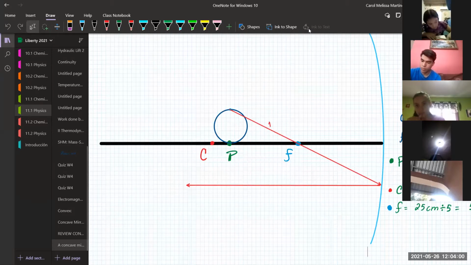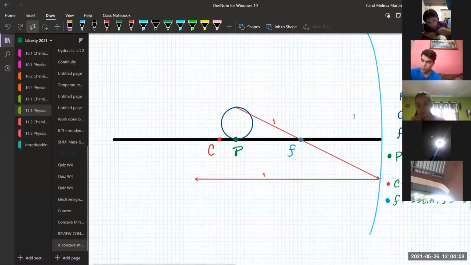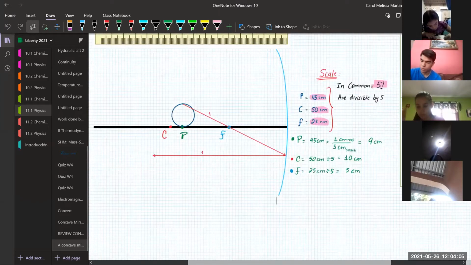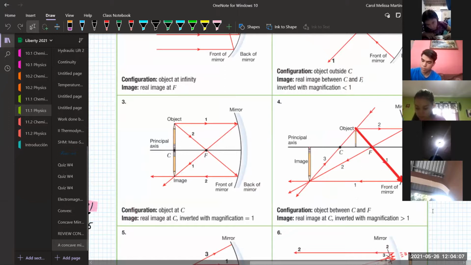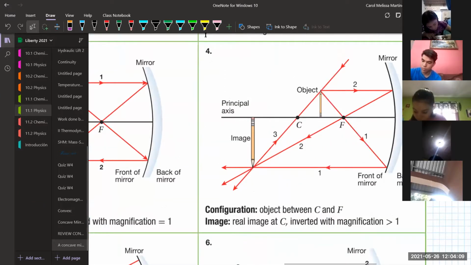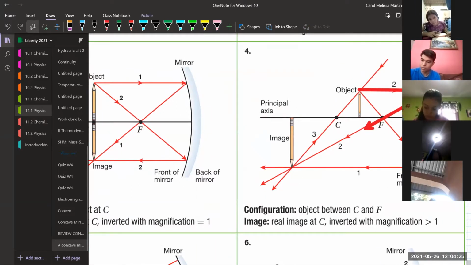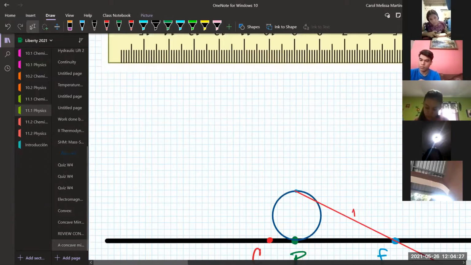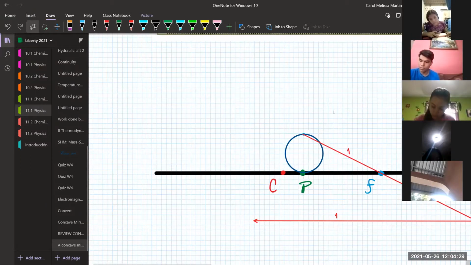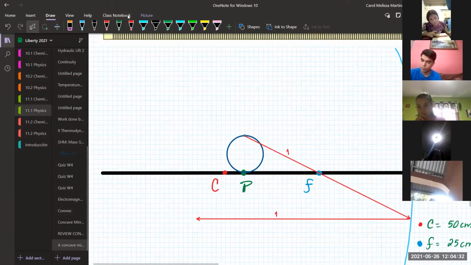Now the second ray, we already did the first ray, so I'm going to get rid of it. And my second ray is, it comes straight horizontally to the mirror, and then I pass through the focal point, okay? So straight horizontal, I touch the mirror, and then I come back to my focal point.